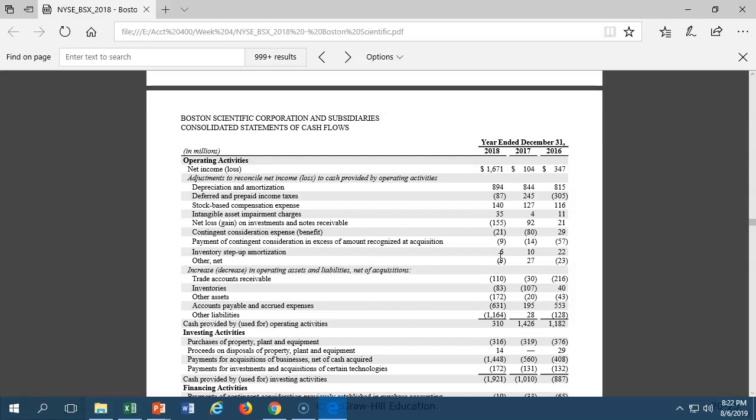We're pressing on. Net income. Okay, so net income was 1671. Are you subtracting all of those? Yeah, if it had a negative 631, it's subtracting out accounts payable and accrued expenses from the net income.